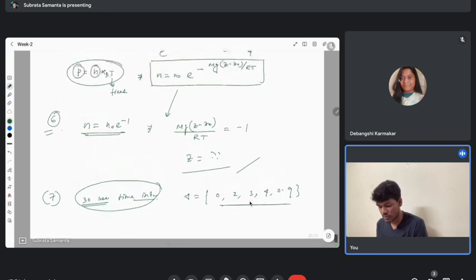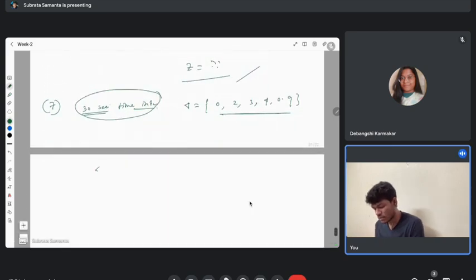So how to calculate the delta square average? You just sum over delta i square, where n is the total number of particles.